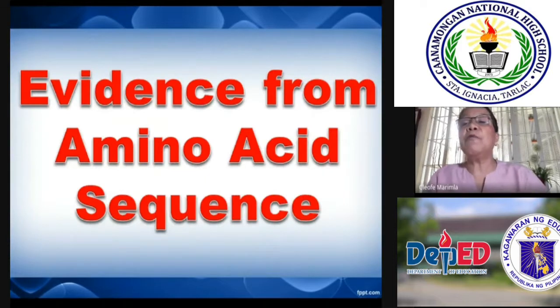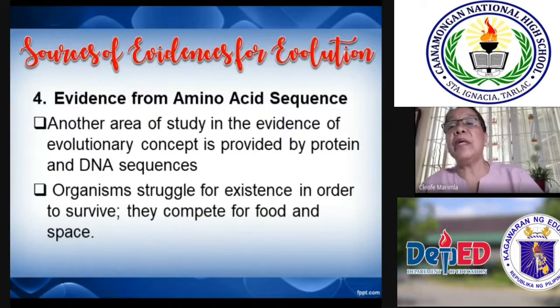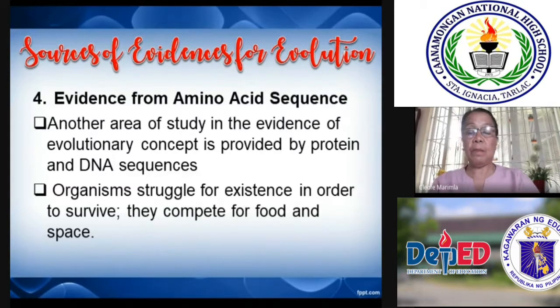The last evidence for evolution is the evidence from amino acid sequence. Another area of study in the evidence of evolutionary concepts is provided by protein and DNA sequences. Organisms struggle for existence in order to survive. They compete for food and space.